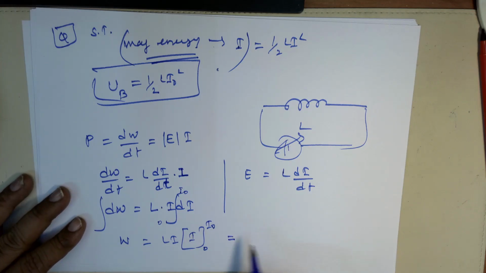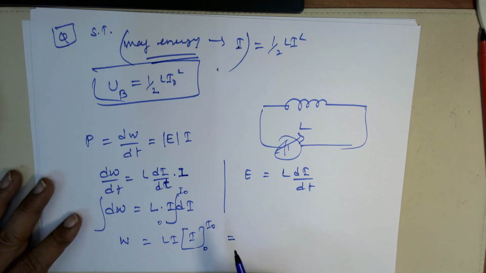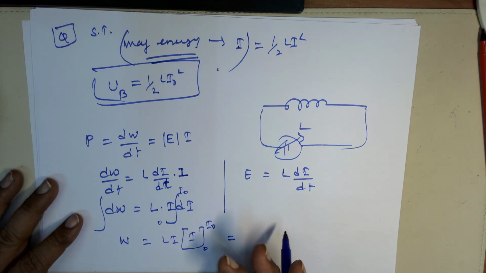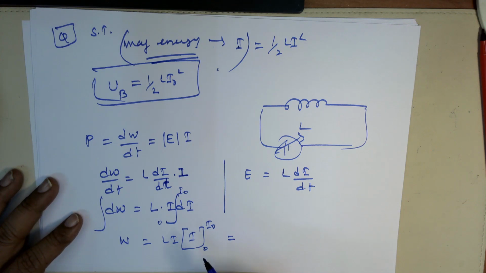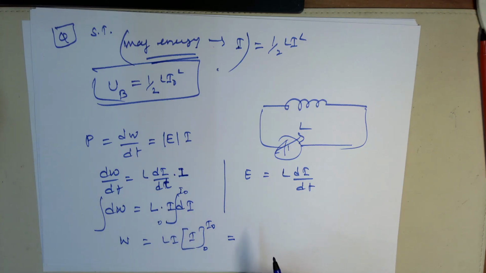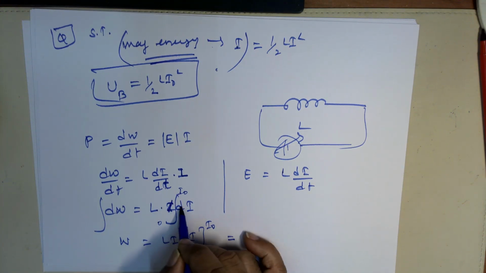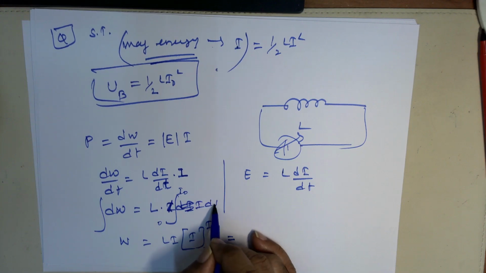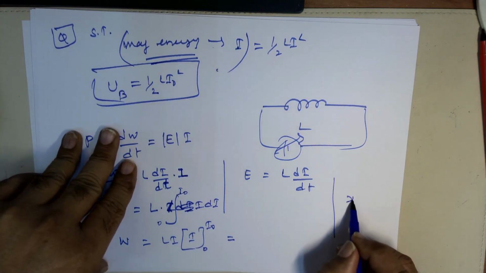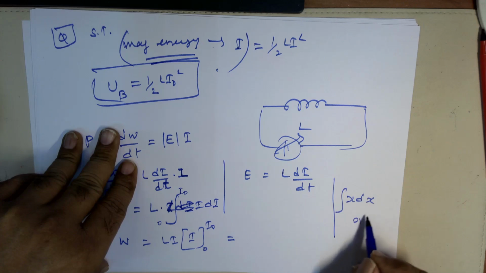I'm sorry, this is not a constant. It should be I dI, right? So I dI means x dx, on integration x power 1 plus 1 divided by 1 plus 1.